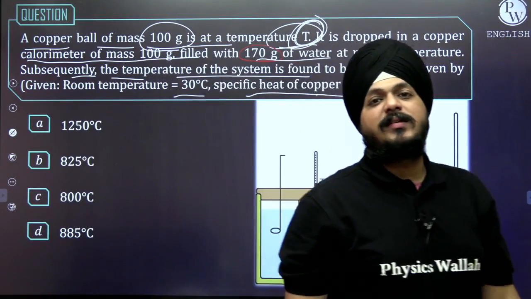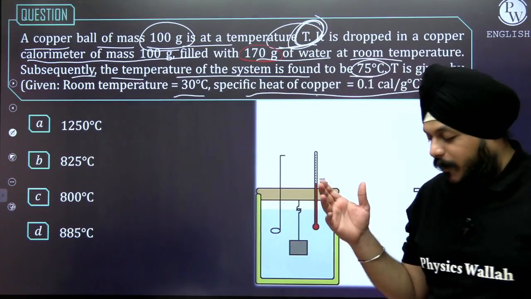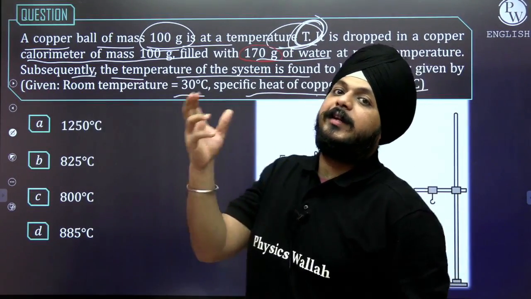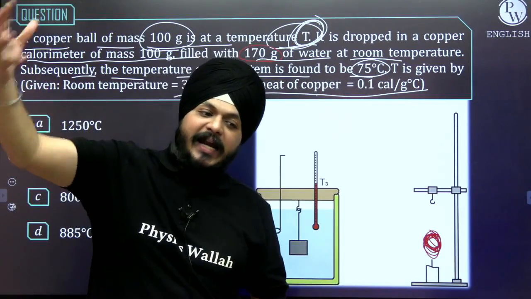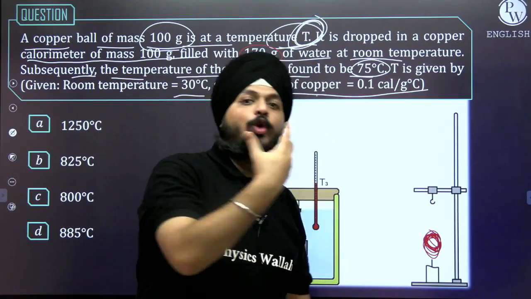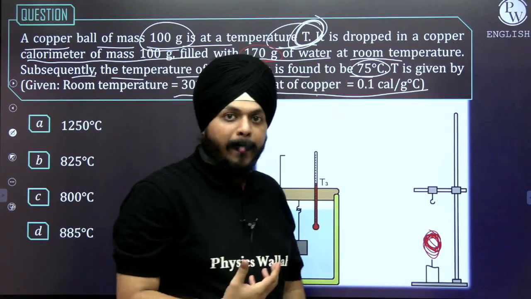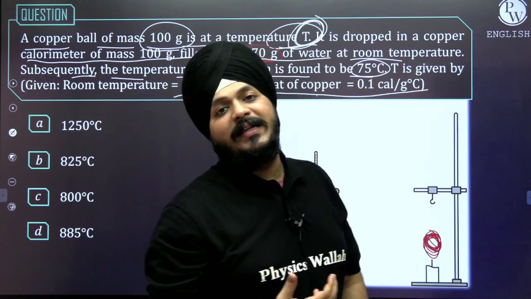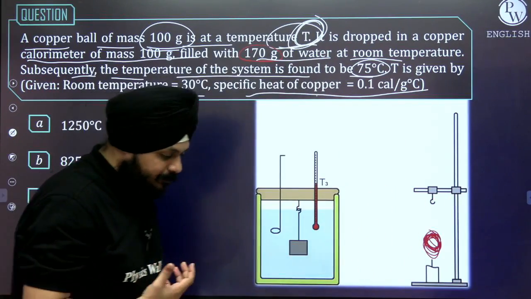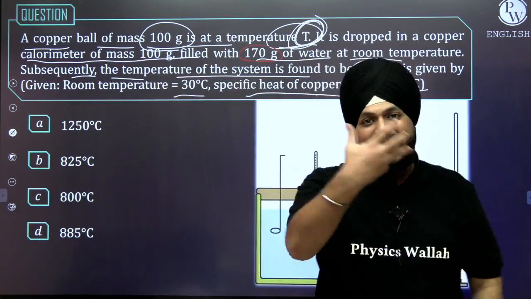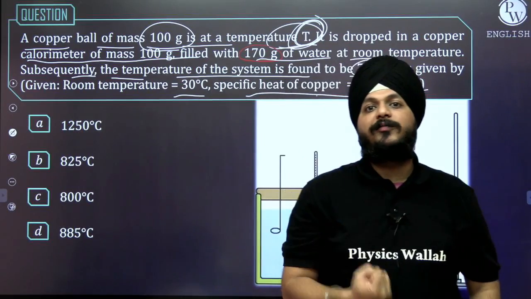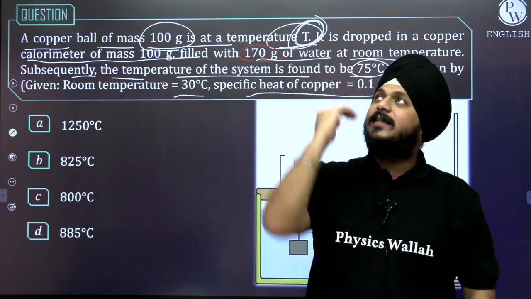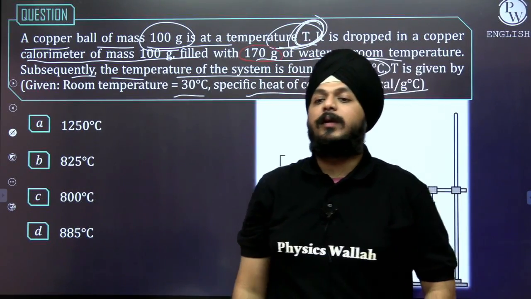Whenever we have this kind of question, there is always exchange of heat between two bodies. The one at the higher temperature is going to lose some amount of heat to reach the final equilibrium state. The one at the lower temperature is going to gain some amount of heat to increase its temperature and reach the equilibrium state.